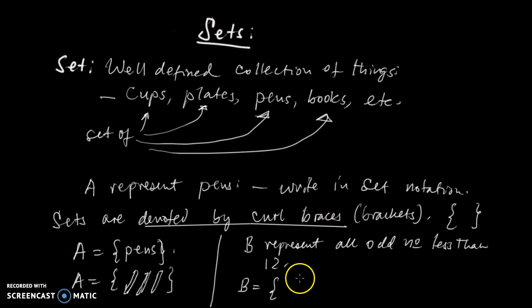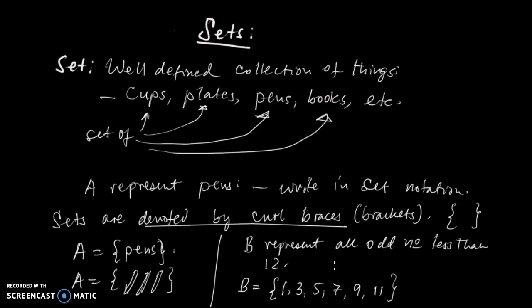We know that these are natural numbers, and natural numbers start from 1. They are natural numbers which are not divisible by 2. So this will be 1, 3, 5, 7, 9, and 11. These are the odd numbers less than 12. So this is the set of odd numbers less than 12. Now you see that this is what B is representing.